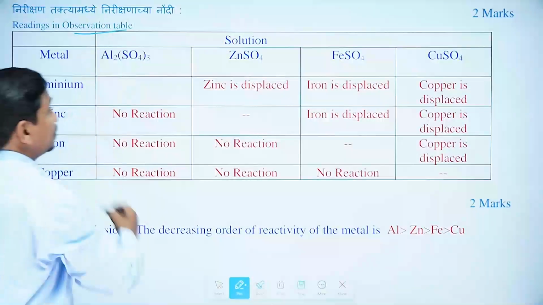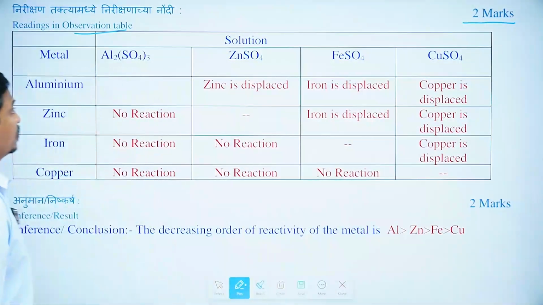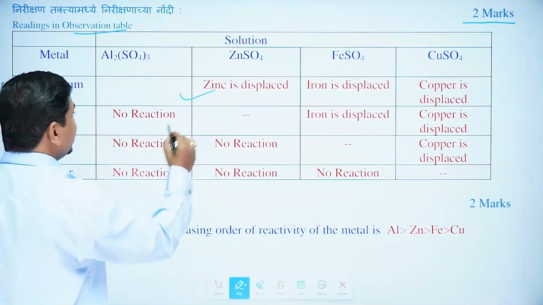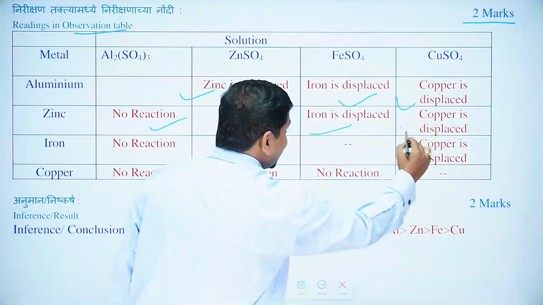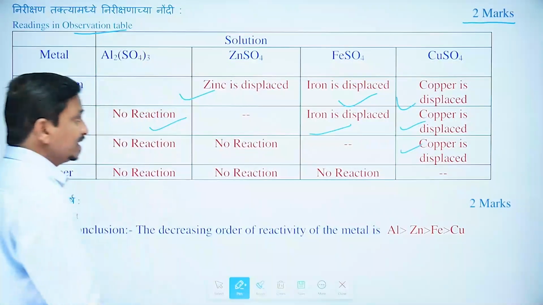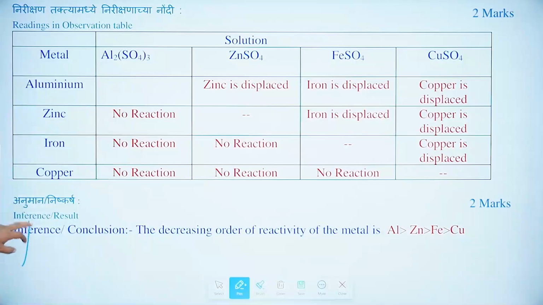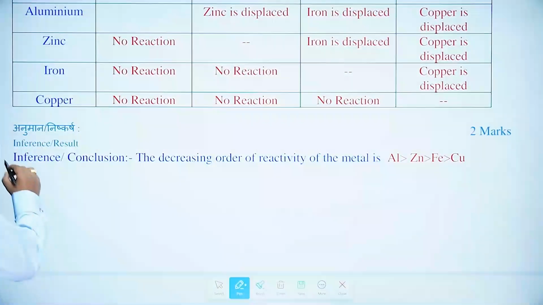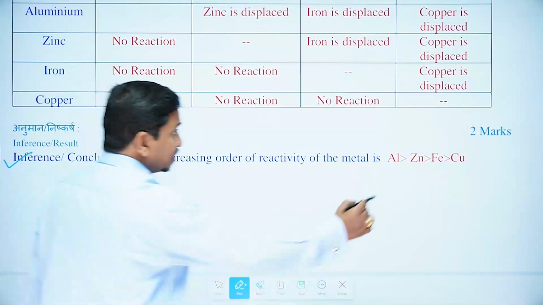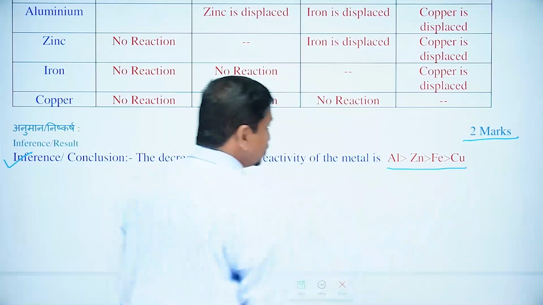For the observation table, you will get 2 marks for filling any 4 blanks correctly. For conclusion, you will get 2 marks for writing this order correctly.